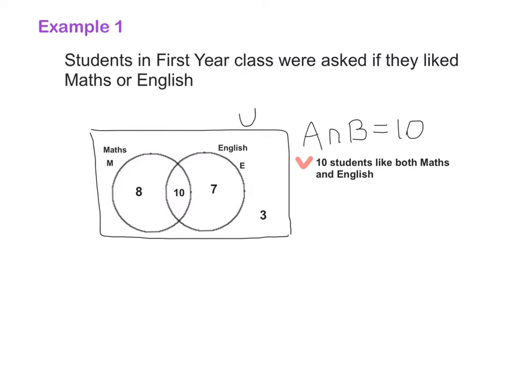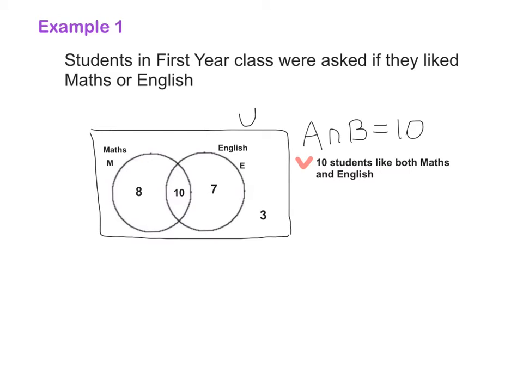Okay, so now look at number 3. Number 3 is outside math circle and outside English circle. What does it mean? So looking at our question, number 3 represents number of students who do not like maths and English at all.